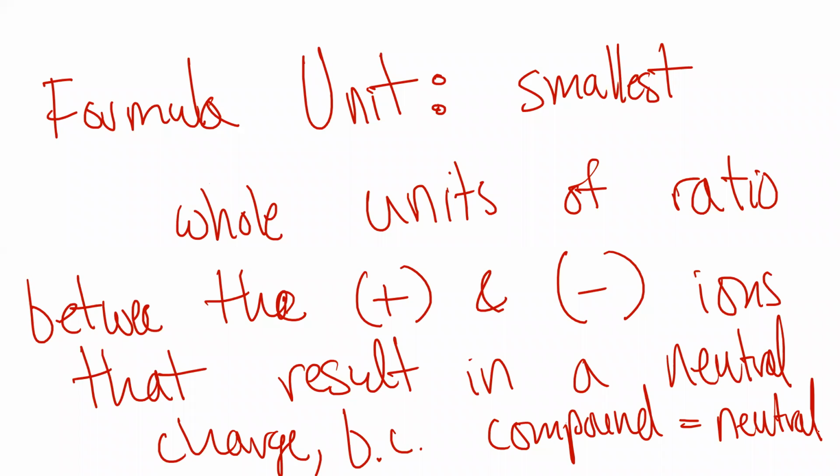So when you write a formula of a compound, it must be neutral. So the ratio between the ions, positive versus negative, must be such that the math works out: total charge of positive counterbalances perfectly total charge of negative.